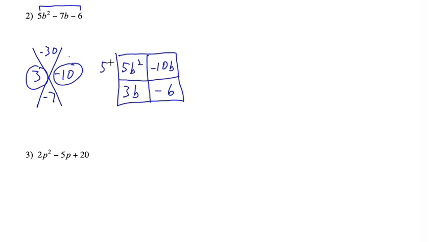Once again, we want the 5b to line up with the 10b, not with the 3b. So 5b times b is 5b squared, 5b times -2 equals -10b, and b times 3 equals 3b. We multiply the constants and get -6, so that checks out. Now we have our factors, 5b plus 3 and b minus 2.